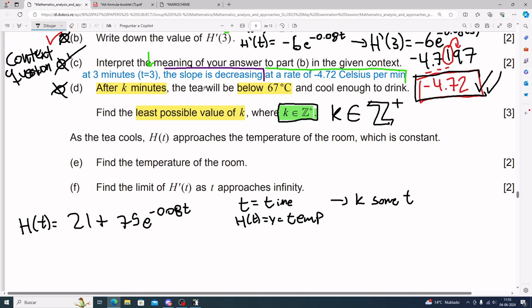So after k minutes, the temperature will be below 67 degrees. Actually, it's not 67 or below, it's below 67. Small difference there.